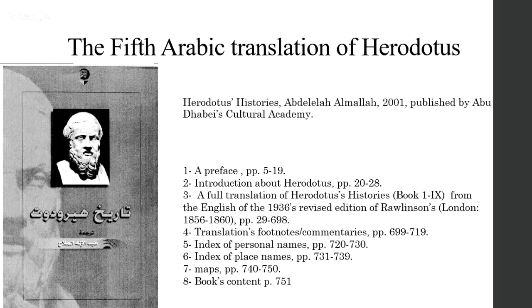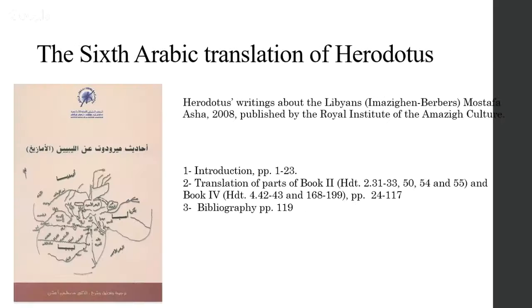The last translation that I know about is the translation done by Mustafa Asha in 2008, very recently, but it's very interesting. Why? Because it is published by the Royal Institute of Amazigh Culture, and the Amazigh are the Berbers.